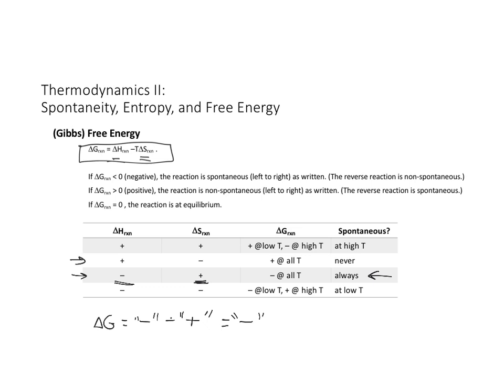The exact opposite: if delta H is positive and delta S is negative, so that I'm taking a positive and subtracting a negative, that answer is going to be positive at all temperatures.